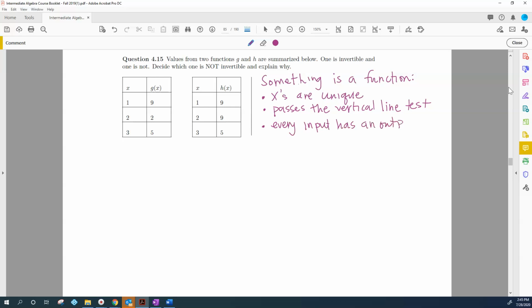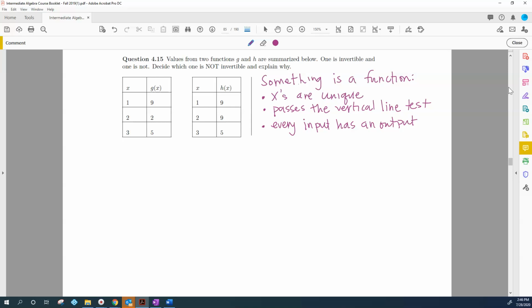Remember, we talked about this with those vending machines: when you put something in, you have to know what's going to come out. If you put an input in and you're like, I don't know if I'm getting chips or a Snickers bar, well, that wouldn't be a function. But every input has to have an output also.